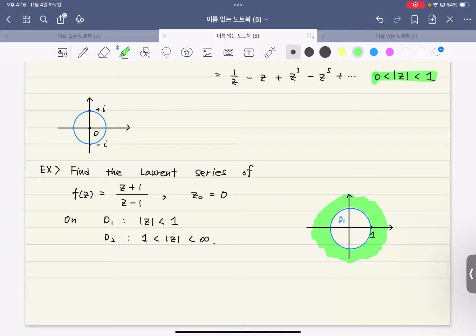However, the inner radius cannot be smaller than 1, right? Because of the location of this singularity. So in this case, there can be only two possible Laurent series of this function centered at the origin. Okay, so let me try to find the Laurent series for this domain.